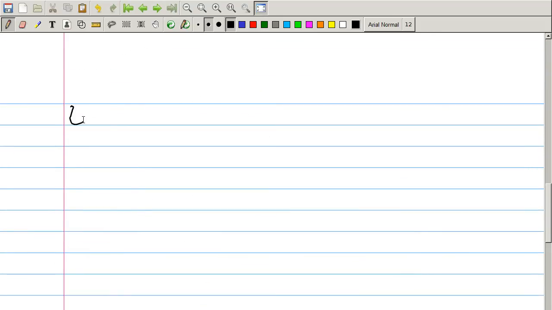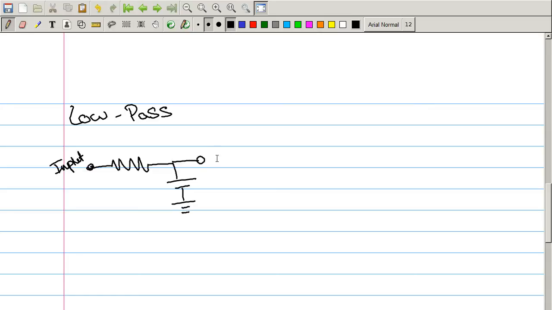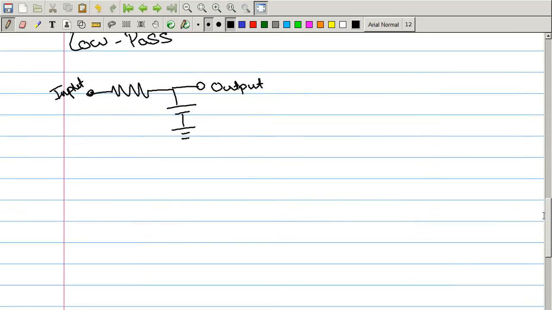So, with a low pass, you have the input. It goes through a resistor first, and then a capacitor, and then it goes to the output. Now, ask yourself, low pass, it blocks anything high.